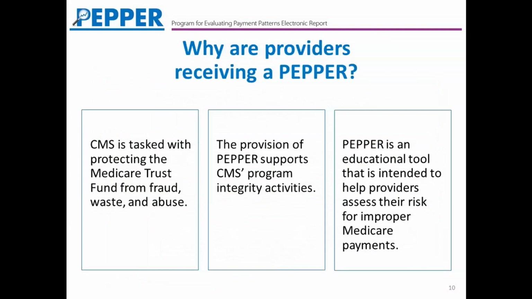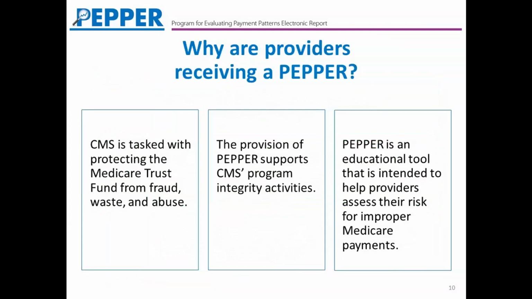While the CBR program produces reports that summarize Medicare Part B claims data, the PEPPERs summarize Medicare Part A claims data. These reports are produced for providers across the spectrum that help educate and alert providers to areas that are prone to improper Medicare payments.